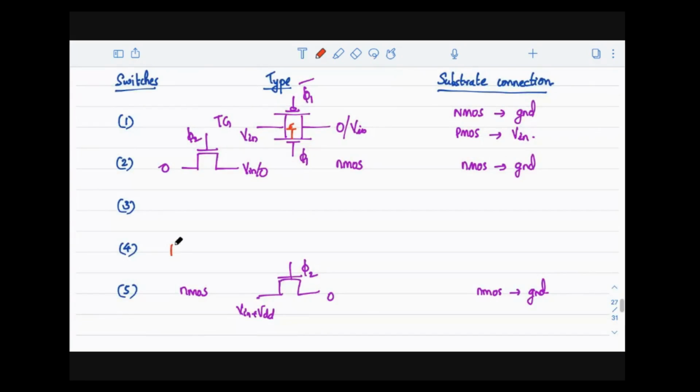The choice I'm making is a PMOS. And since it is a PMOS, I'm marking it as phi 1 bar. The body of this PMOS is connected to VDD plus Vin, which is coming to the one side.